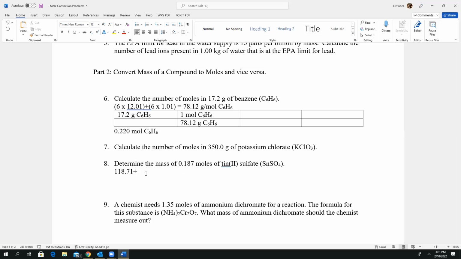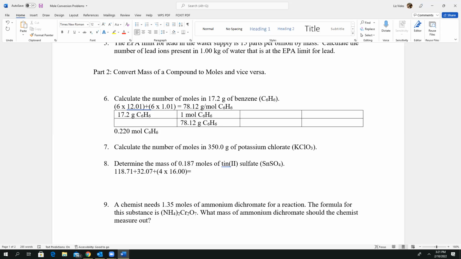Plus, based on the formula, we have 1 sulfur at 32.07, and then we also have 4, this time we do need a parentheses, times 16 for the oxygen.